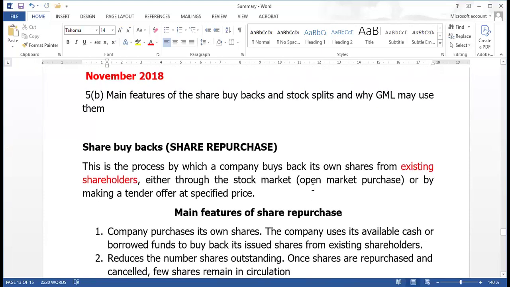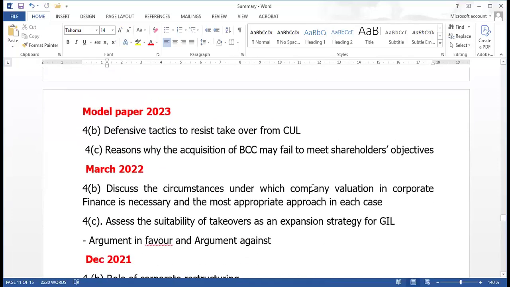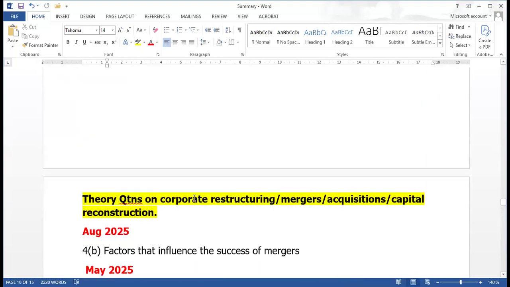I wanted to know which topic this is. Now the topic, capital reconstruction. Remember the heading? The theory question is on what? Corporate restructuring. The heading is on corporate restructuring, mergers, acquisitions, or capital reconstruction.